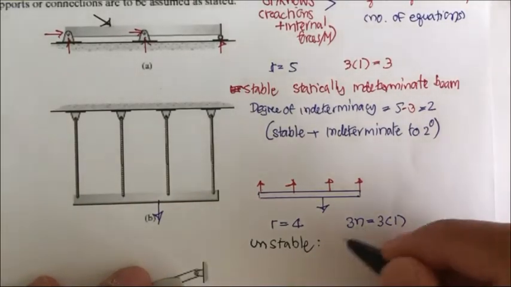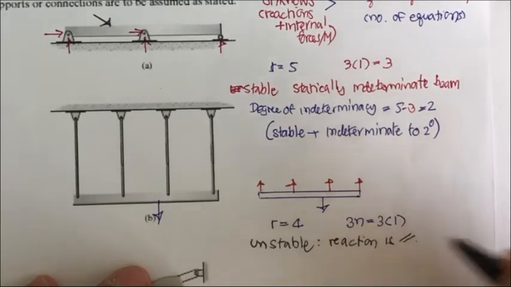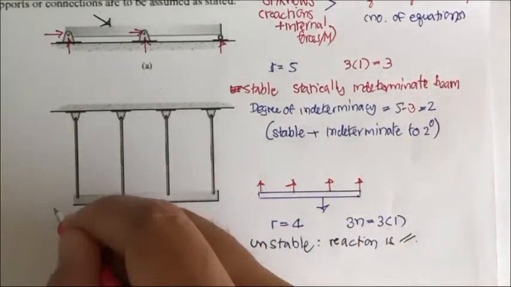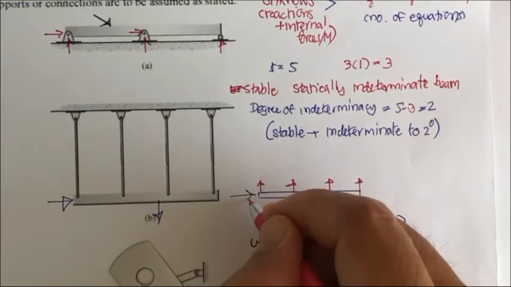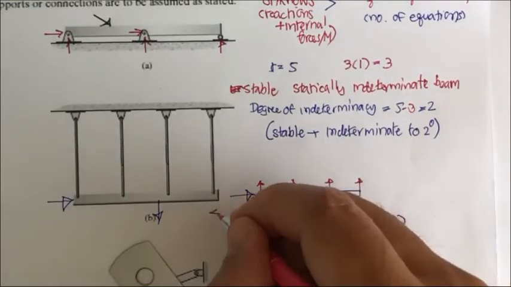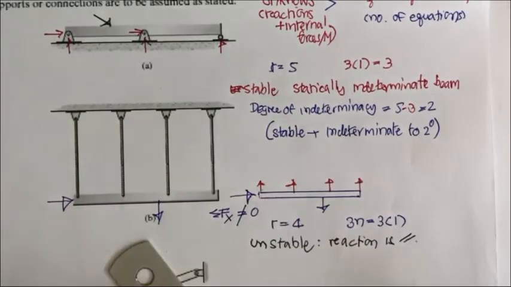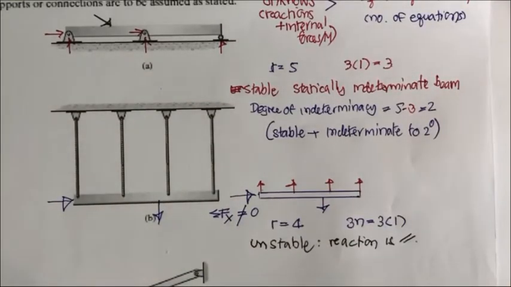Unstable because the reaction is parallel. Okay, by parallel reactions, if the structure is subjected to a horizontal force, you may see that the summation of F sub x won't be equal to 0. So the structure is going to move to the right.